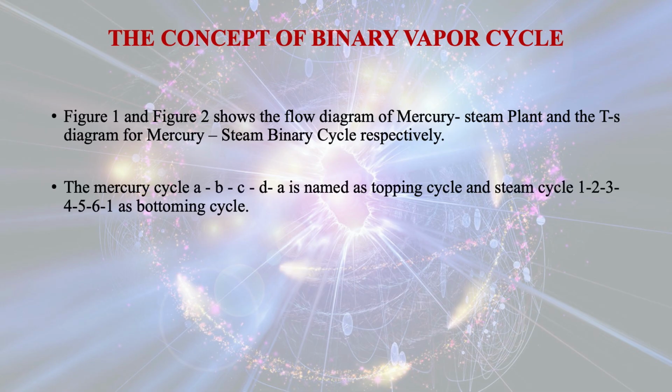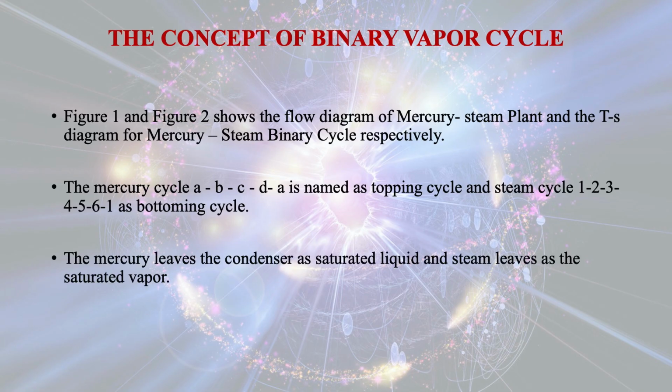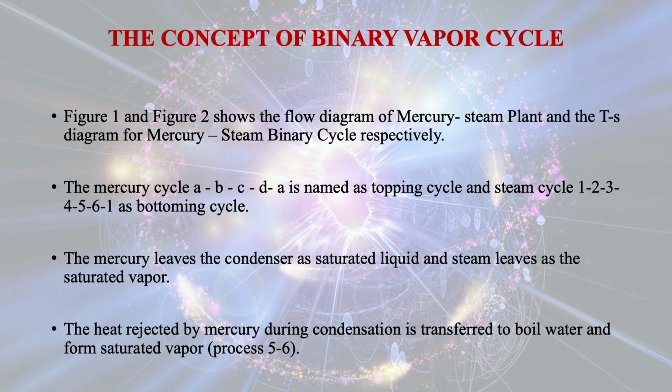The mercury cycle, that is A, B, C, D, A, is named as topping cycle, and the steam cycle, state 1, then state 2, then state 3, 4, 5, 6, 1, as the bottoming cycle. The mercury leaves the condenser as saturated liquid and steam leaves as saturated vapor. The heat rejected by mercury during condensation is transferred to boil water and form saturated vapor, process 5 to 6.